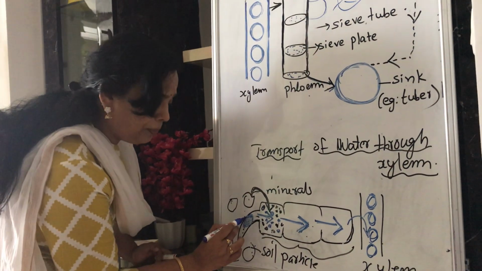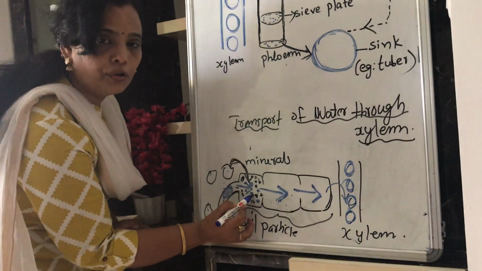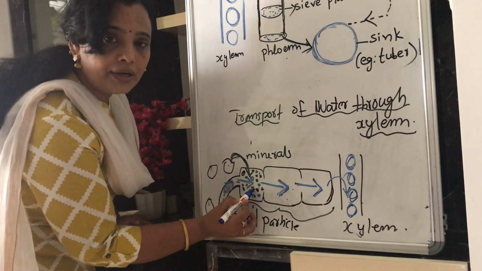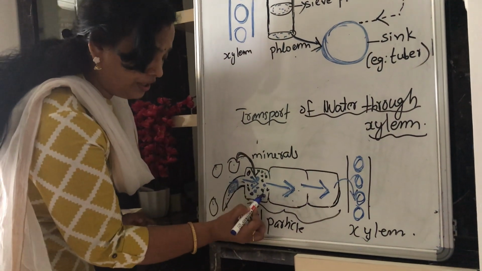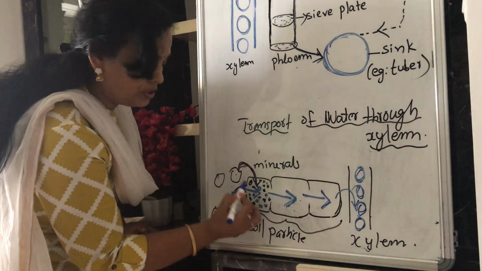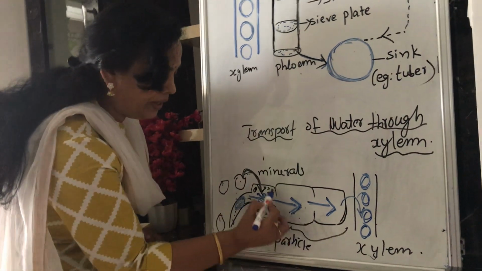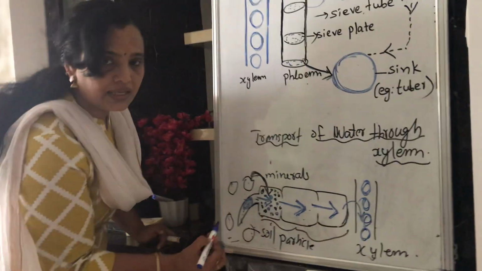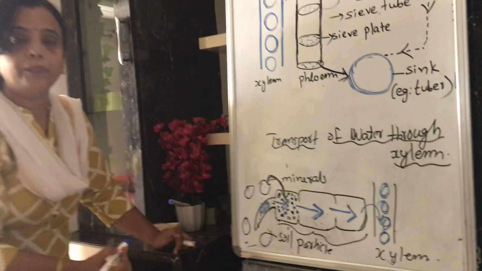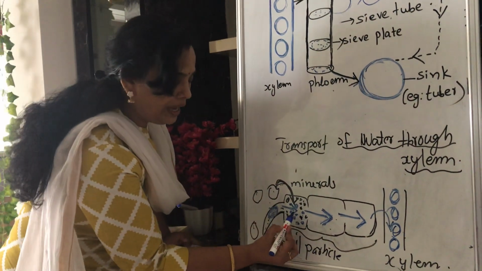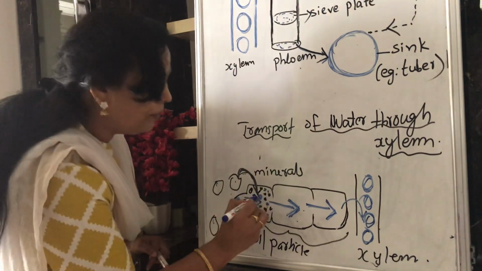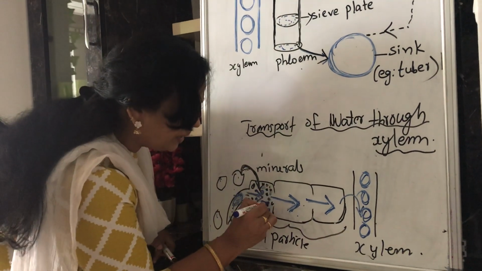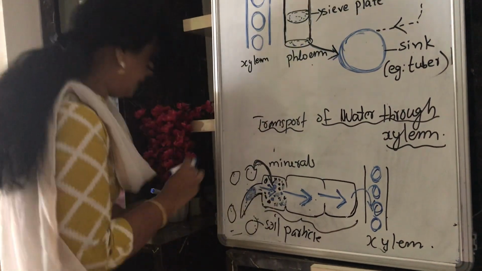So water will move from high water potential into low water potential, where water is more into where water is less. So through osmosis, through a semi-permeable membrane, the cell membrane acting as the semi-permeable membrane, it will move into the epidermal cells. Once it reaches the epidermal cells, the molecules of water are increasing.